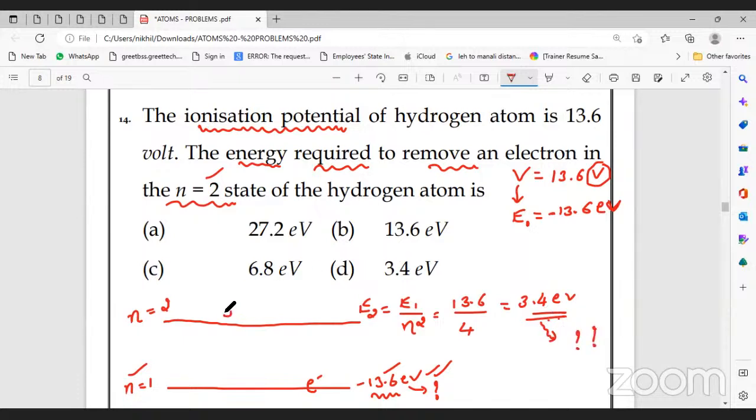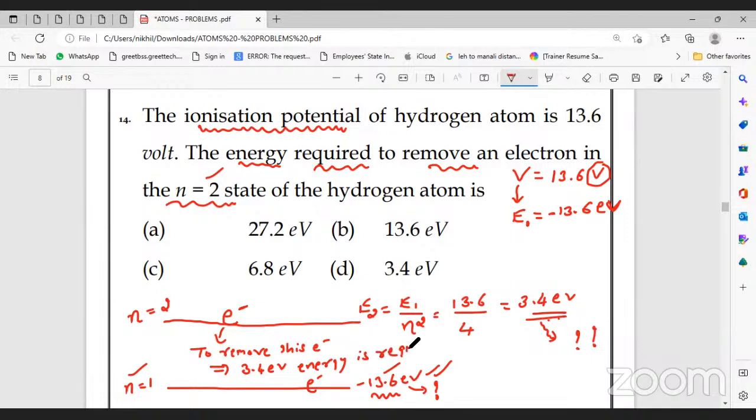What is the meaning of this, students? If the electron is there in the second orbit, in the second state of the hydrogen atom, to remove this electron, how much energy do we require? To remove this electron, 3.4 electron volt energy is required.